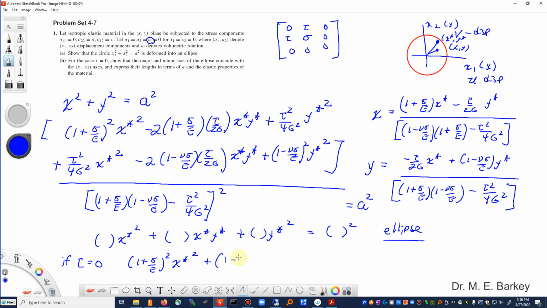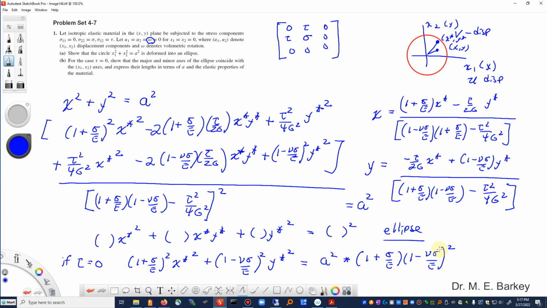And then we're going to have a term that looks like plus (1 minus nu sigma over E) squared y star squared, is equal to my A squared times (1 plus sigma over E) times (1 minus nu sigma over E) squared.